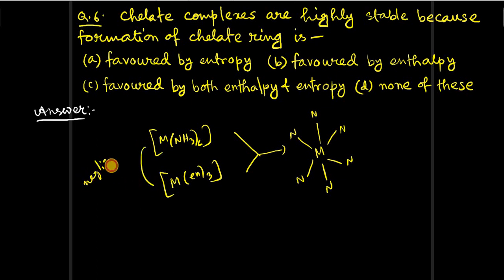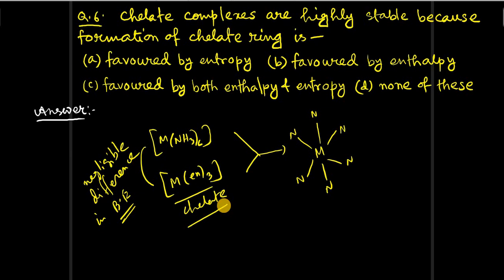Negligible difference in bond energy or bond dissociation energy. But we know that this is a chelate complex and this is highly stable compared to the non-chelate complex M(NH3)6. This is non-chelate.